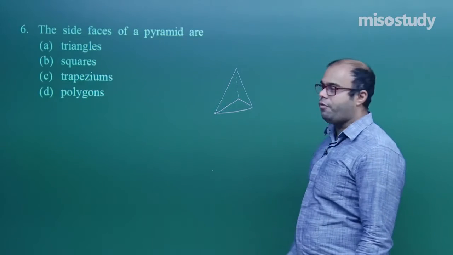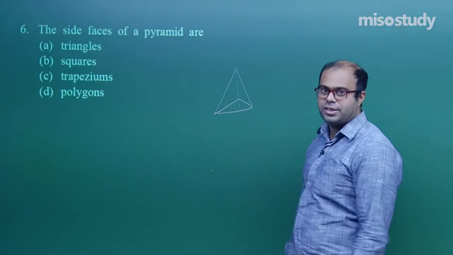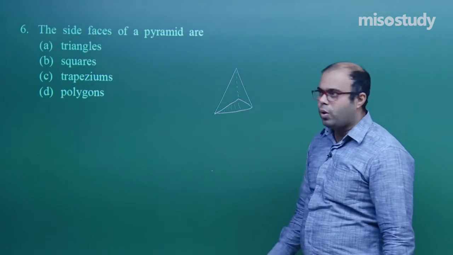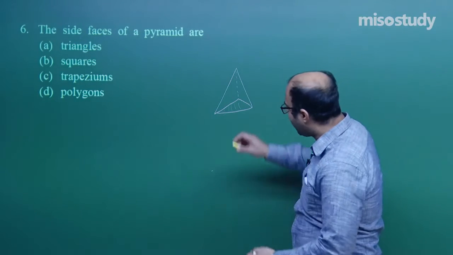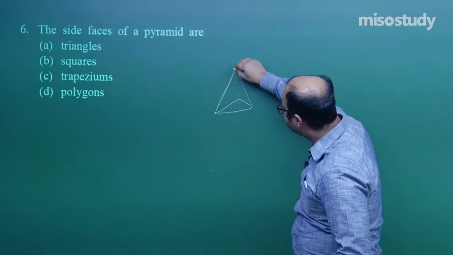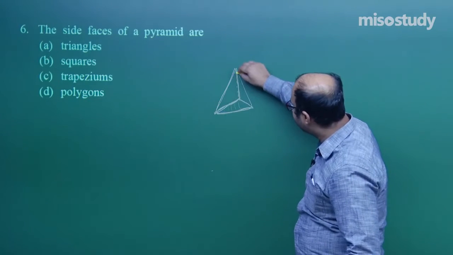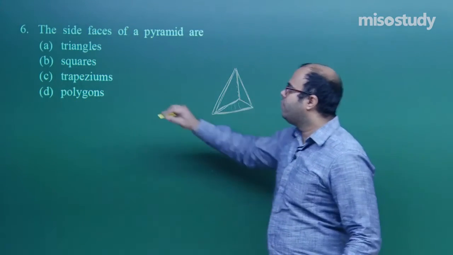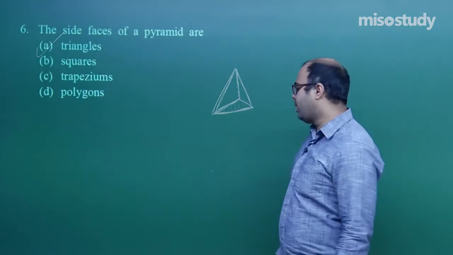This is a base and it has 3 other faces. So, total 4 faces. So, what are these faces? Are they squares, triangles, trapeziums or polygons? So, these faces are all triangles. This is a triangle, this is a triangle, this is a triangle, and the back side will also be a triangle. So, we will say the side faces of a pyramid are triangles.